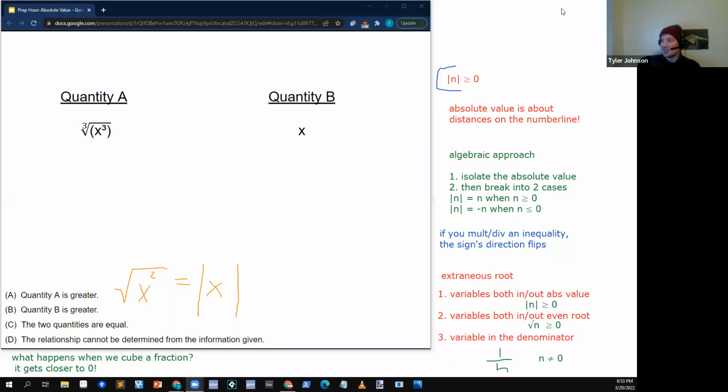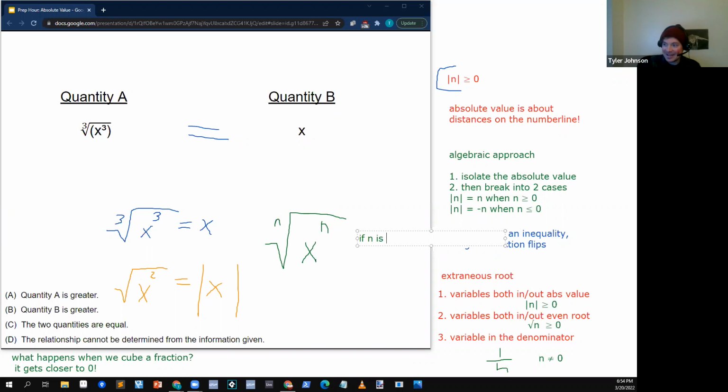So if we've got the cubes this time, those two are equal. The cube root of x cubed is just x. And the way I could put this more generically is if I have x to the nth, and then I take the nth root of that, well then if n is even, that's going to be equal to the absolute value of x.